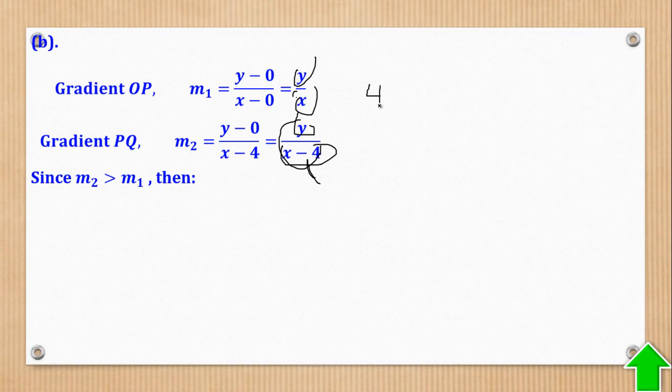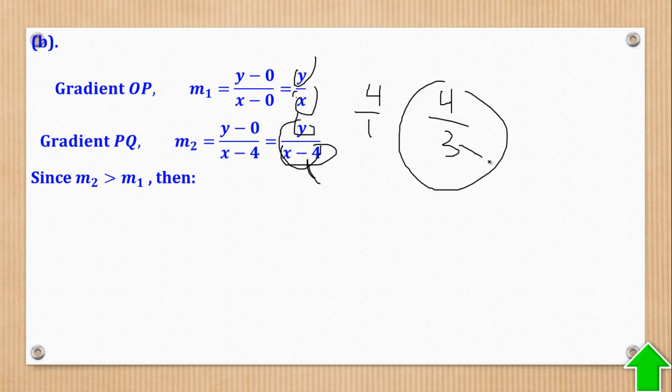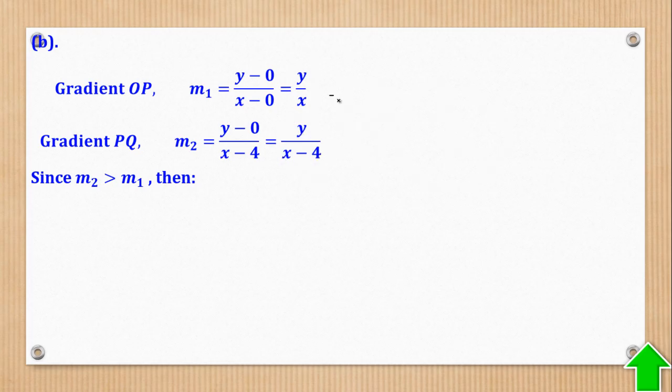For example, if I have 4 over 1 and 4 over 3, which is smaller? The whole of this is smaller, but it has a bigger denominator. And this one is bigger because it has a smaller denominator. So of these two, this one has a smaller denominator, so it will be bigger.